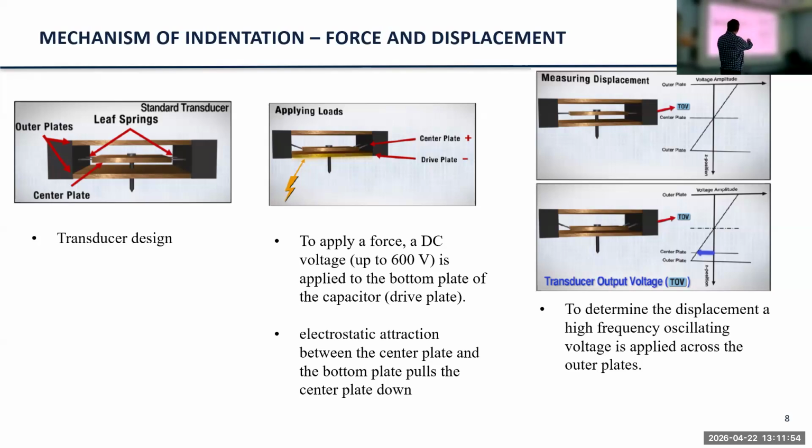You can see here it's moving down, and then we measure displacement by a high frequency voltage across the outer plates, which measures the difference in capacitance between here and there. These are calibrated against known standards, so we're able to get load. The system is primarily a load control system, so most of the tests we run are in that mode. You can do a quasi displacement feedback, but that's an indirect control mode.